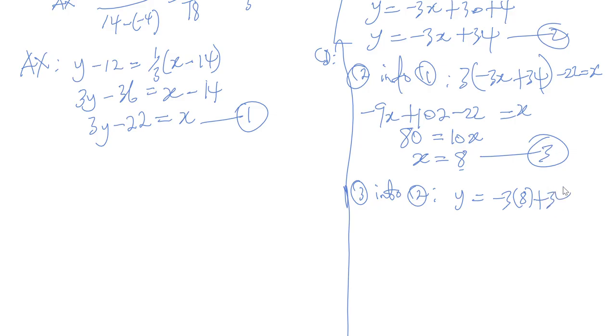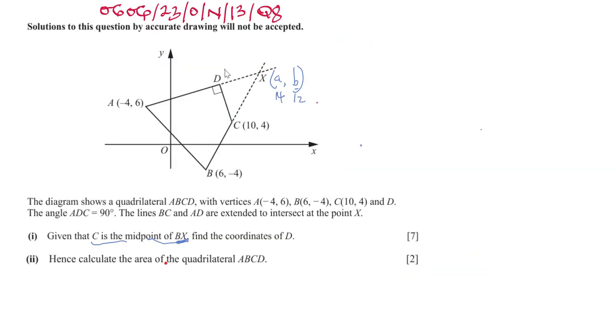That gives y equals -24 plus 34, which in turn gives 10. It tells us that the coordinate of the point D is (8, 10). We have gotten the coordinate of D as (8, 10).